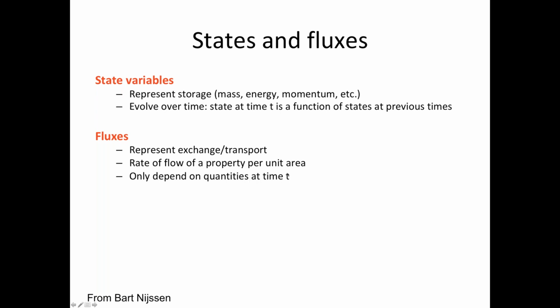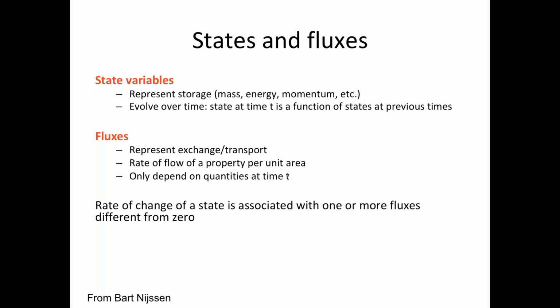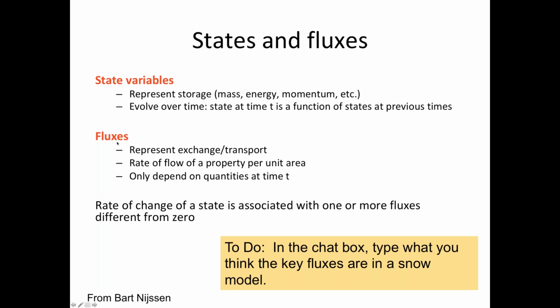It does not depend on the prior time step. So the rate of change of a state variable is associated with one or more fluxes that are different from zero. All right, so again, in the chat box, type some examples of the key fluxes in a snow model.